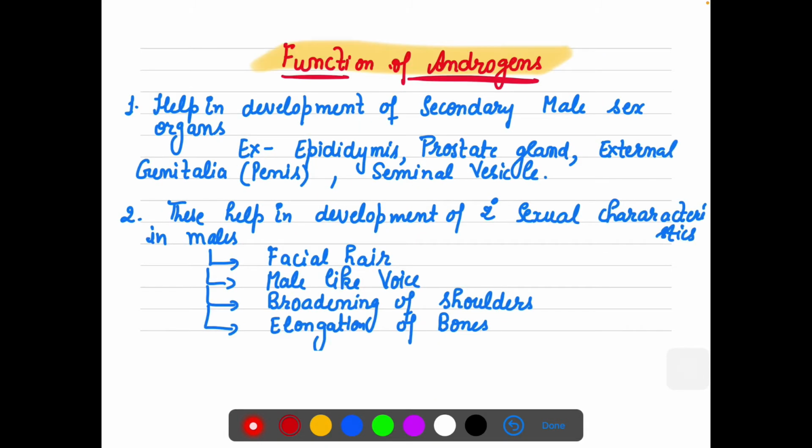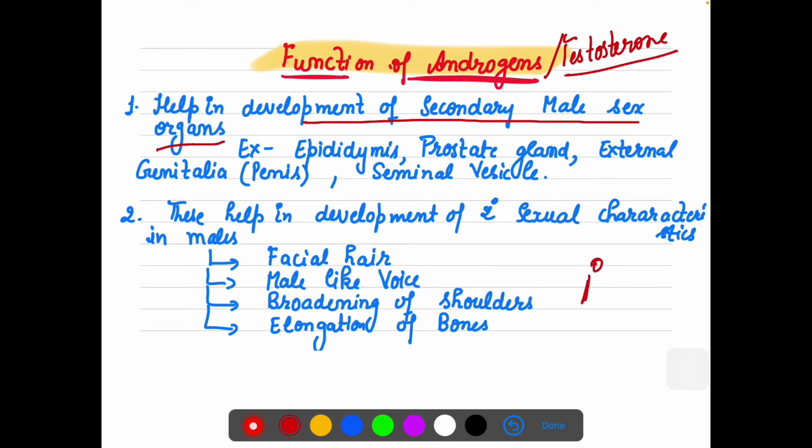Now the function of androgens, or I will say the function of testosterone, since it is the one that increases in the greatest amount. It is the most important one. The most important function of testosterone is the development of secondary sex organs. See, primary sex organs in the males are the testes, right?